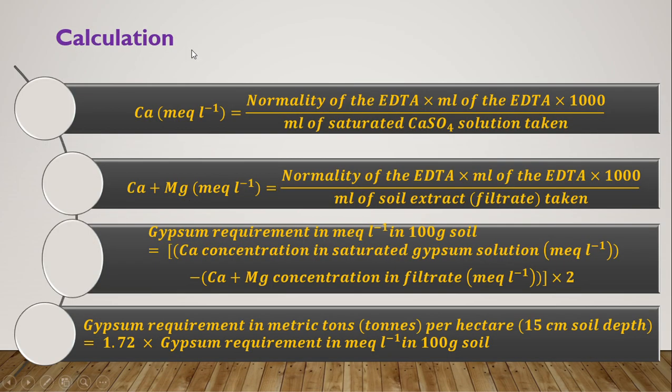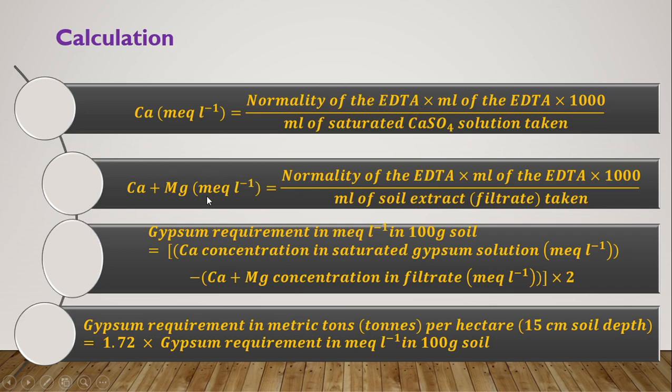And the calculations are given here. Mainly this alkalinity is caused by two compounds, one is calcium and the other one is magnesium. For calcium, the amount is like this: normality of EDTA into milliliters of EDTA into 1000 divided by milliliters of saturated calcium sulfate solution taken for this particular titration.